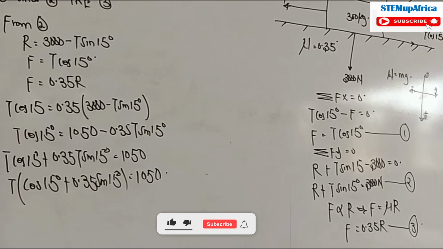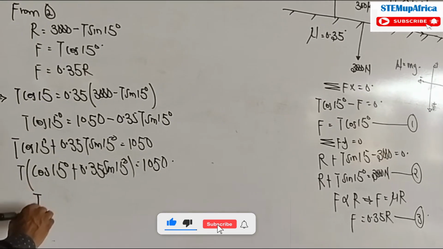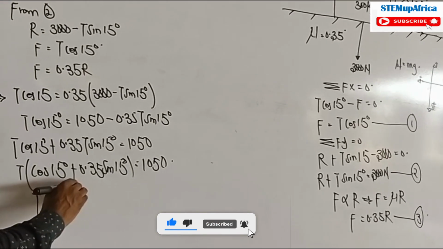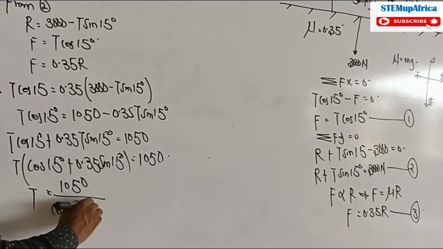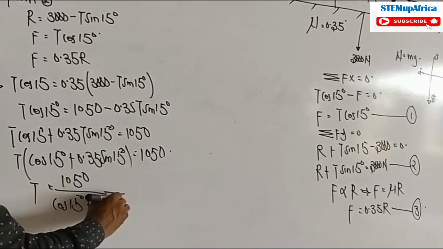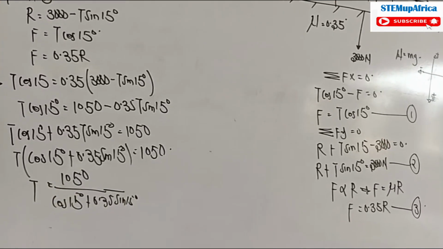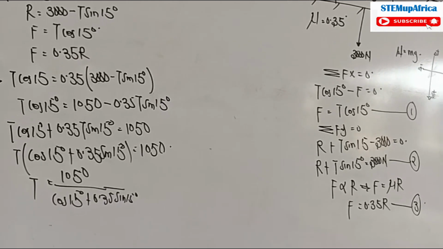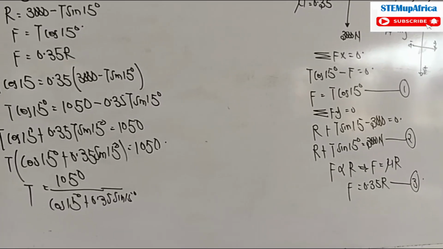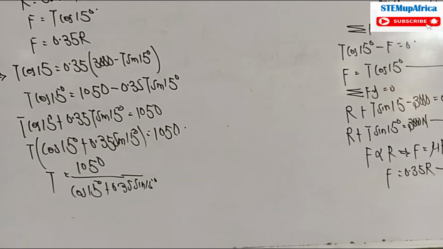So let's make T the subject. My T now is simply 1050 divided by cos 15 degrees plus 0.35 sine 15 degrees. If I sum the entire denominator, which is cos 15 degrees plus 0.35 sine 15, that will give us 1.0565.